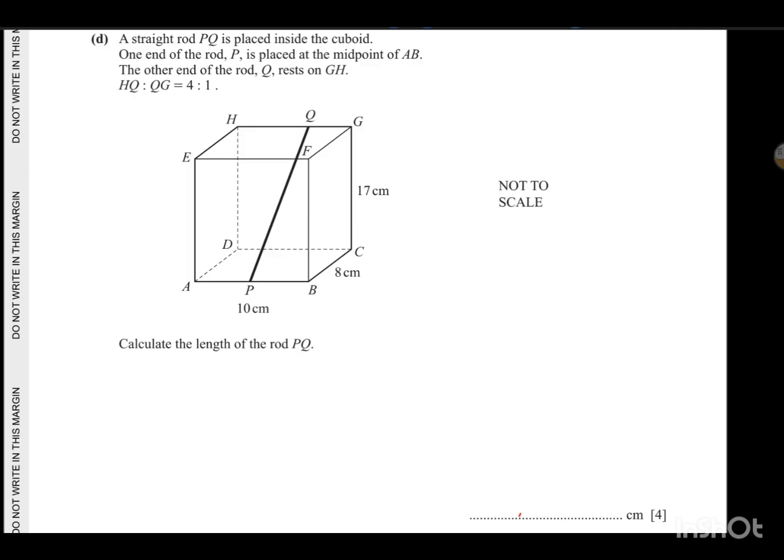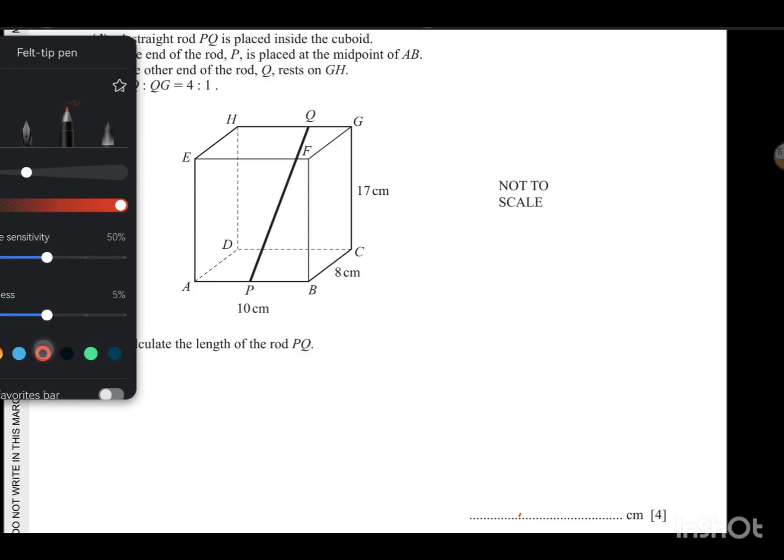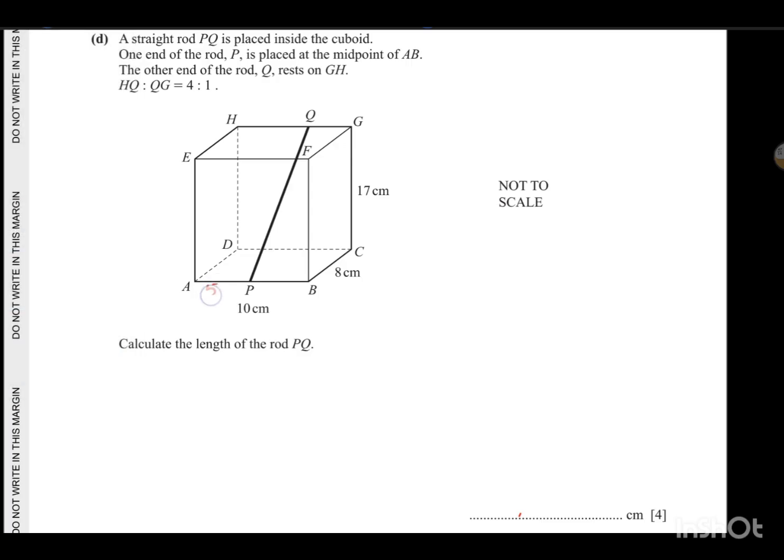But they gave us the ratio here, HQ to QG. This HQ and QG are in the ratio of 4:1. So now let me write all the measurements here. So this is 5 according to the question.